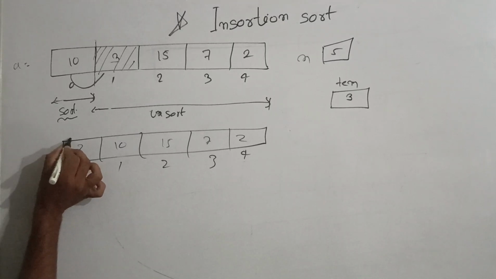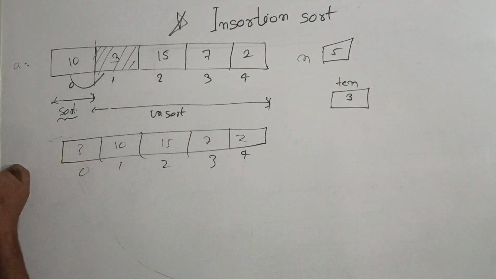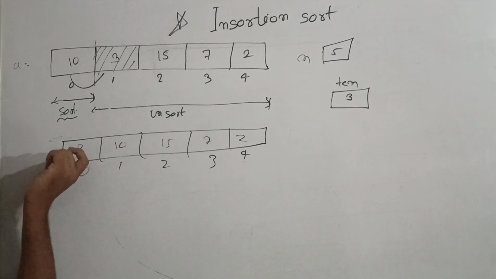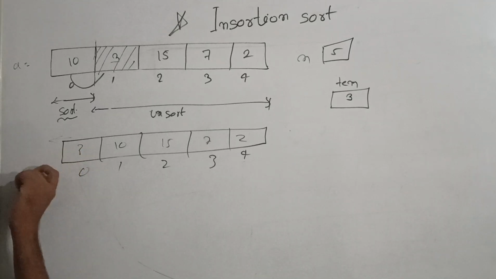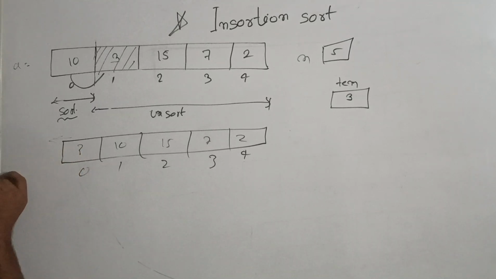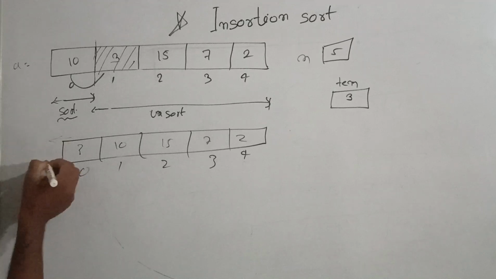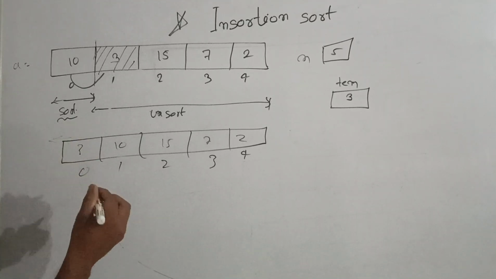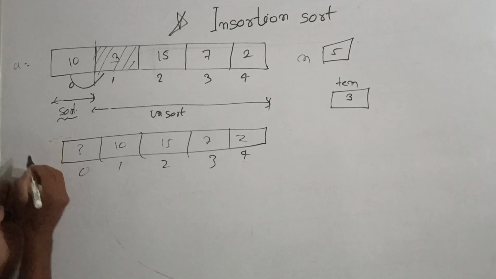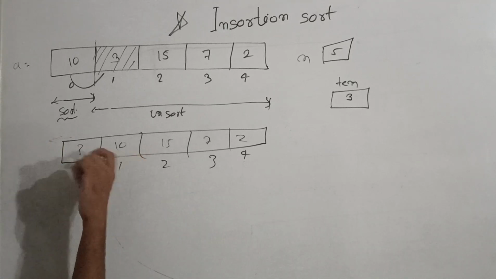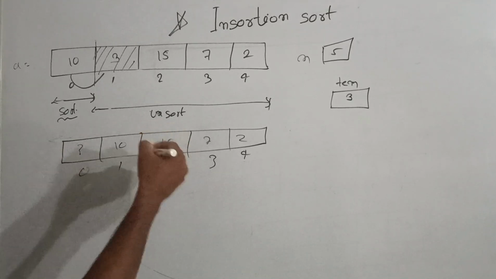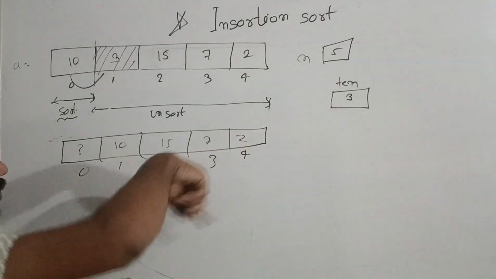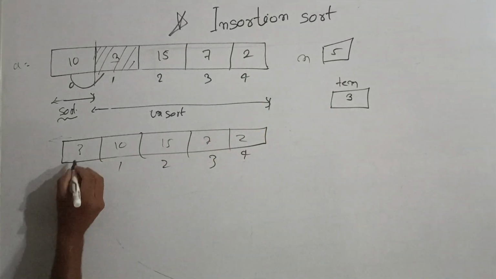We check if there is any element in the sorted array, and if so, compare with all the elements. If any element from the sorted array is greater than the temp data, shift that data.